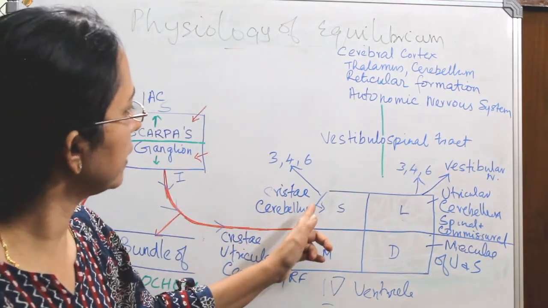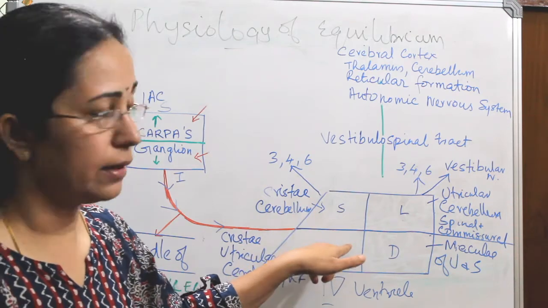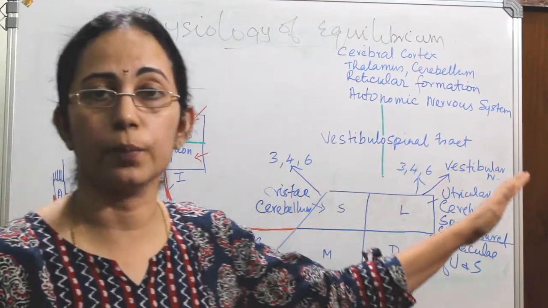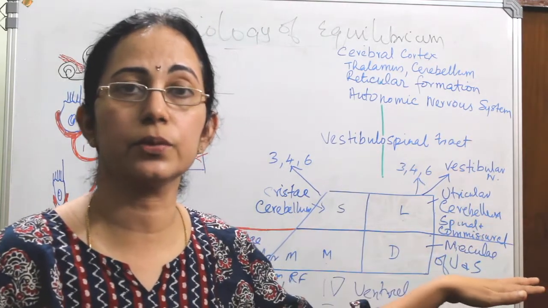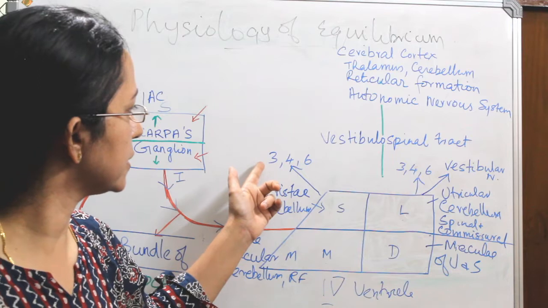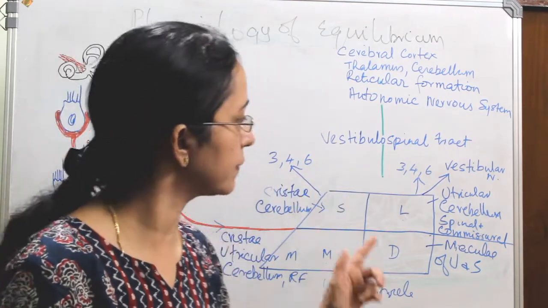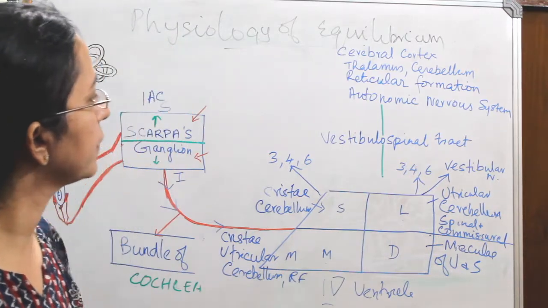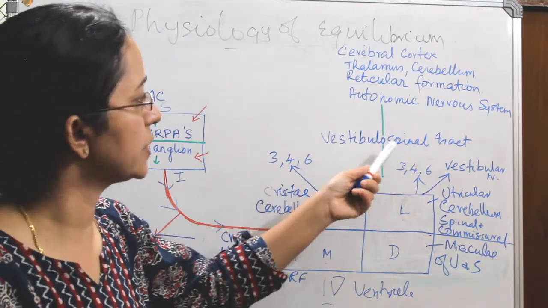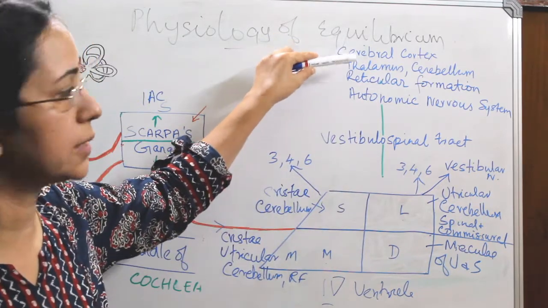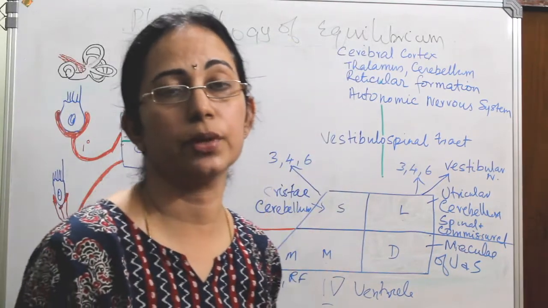And from there, the efferent fibers from the vestibular nucleus will go to the opposite side, the opposite vestibular nucleus, to the 3, 4, 6 nucleus of cranial nerves 3, 4 and 6, and also to the same side, and they will go to the vestibulospinal tract, autonomic nervous system, cerebral cortex, thalamus, cerebellum and reticular formation.